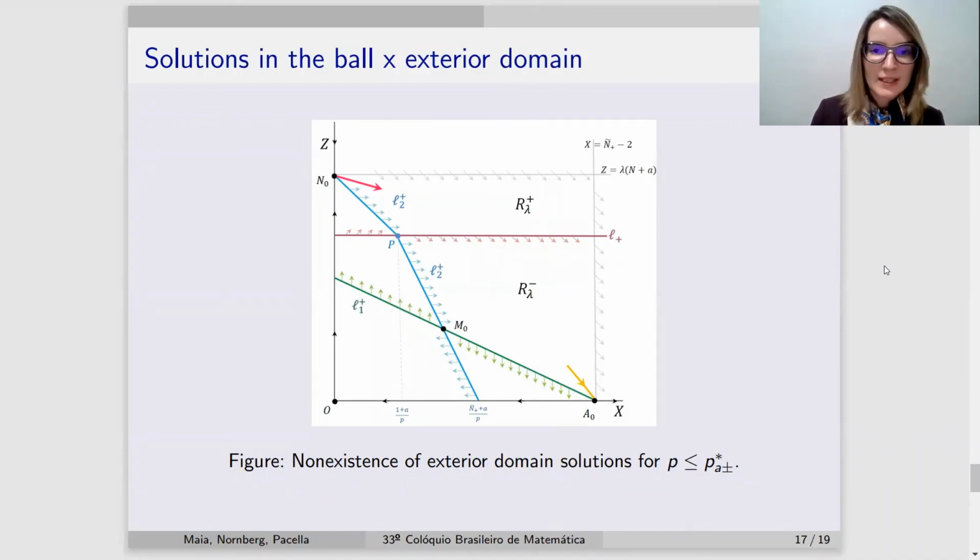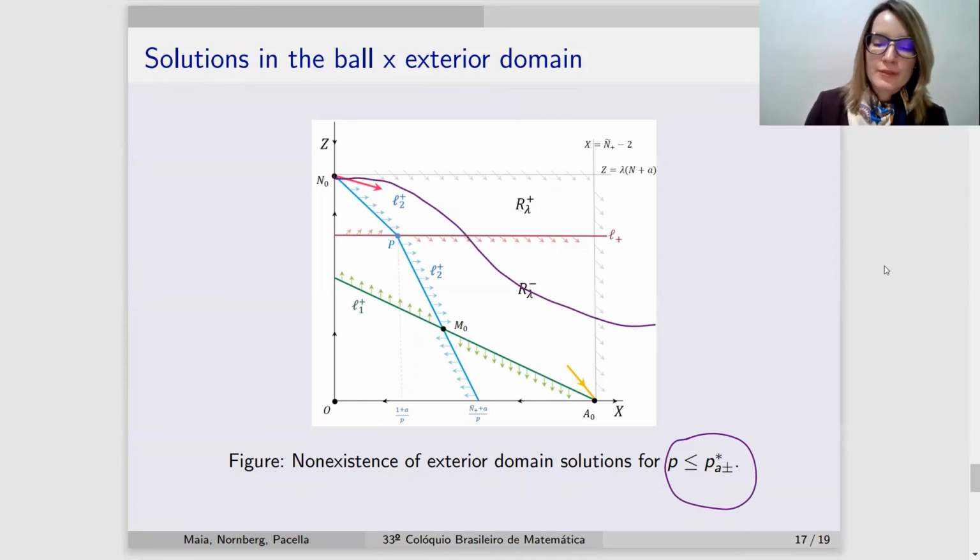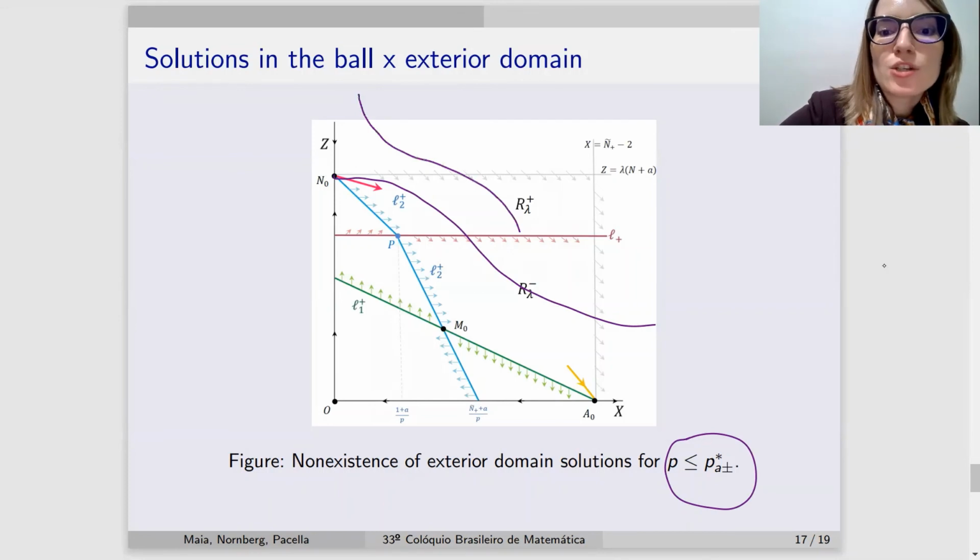To finish, let me just mention the Liouville result for exterior domain solutions in the critical or subcritical regimes. It's really simple because when we have a regular trajectory blowing up in finite time, this creates an invariant set at which a potential exterior domain solution cannot enter.